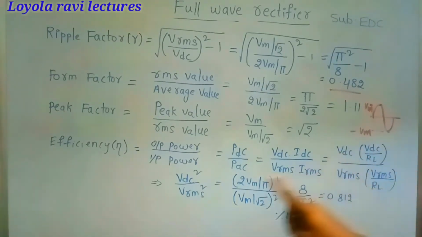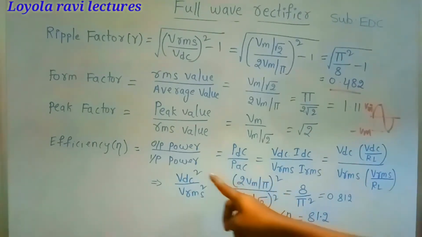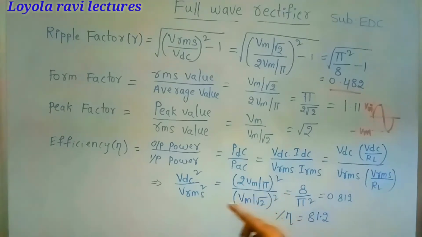VDC into VDC, VDC square, is 2 Vm by pi whole square. VRMS square is Vm by root 2 whole square. Then Vm square gets cancelled. Finally, 8 by pi square. Please simplify that: 0.812. If you want to write percentage of efficiency, that is 81.2. Percentage of efficiency is 81.2.